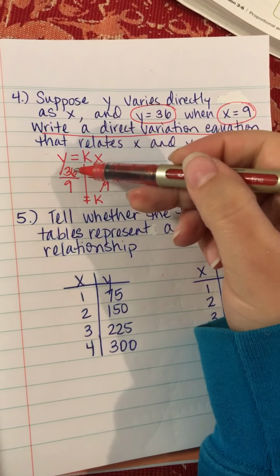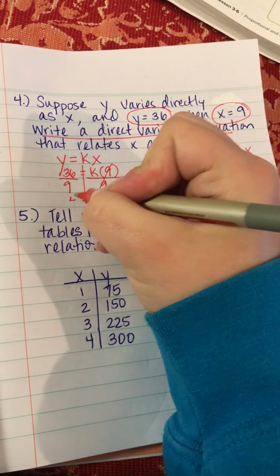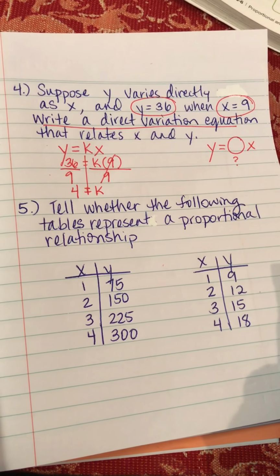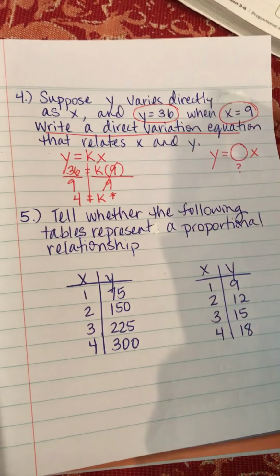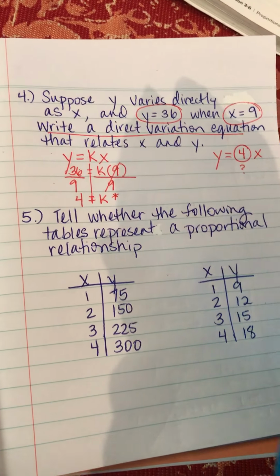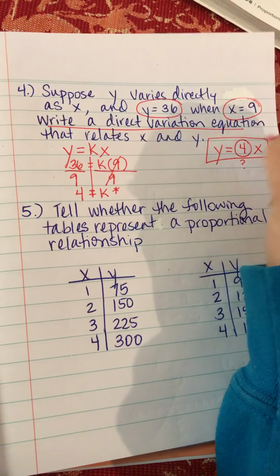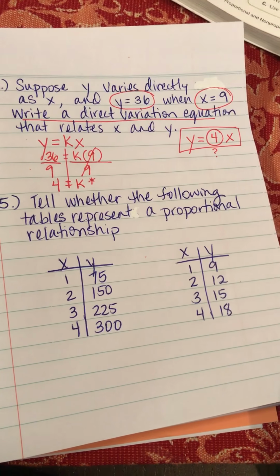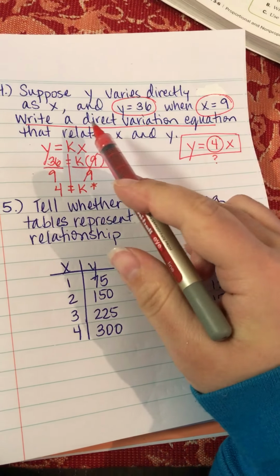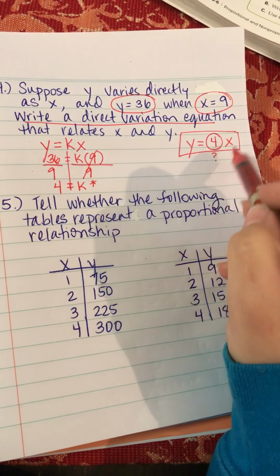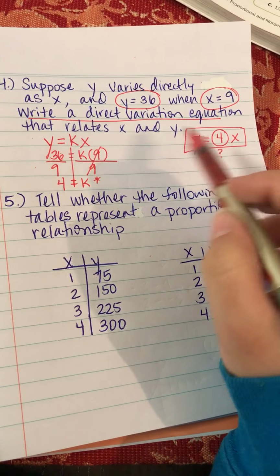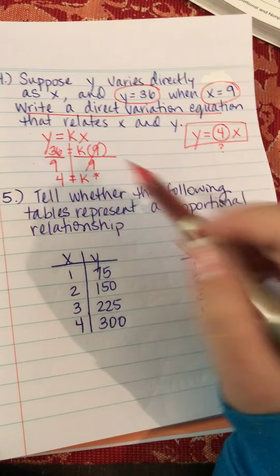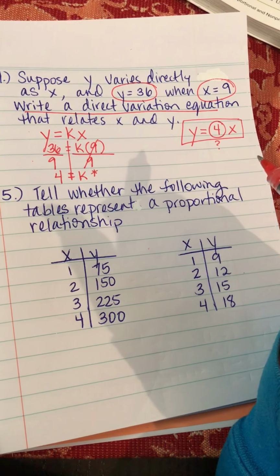Okay, so I have 36 divided by 9, which equals 4. So my constant of variation, or k value, is 4. So my answer would be y equals 4x. This would be my answer because I want a direct variation equation. So it needs to look like this. The slope would be 4, or the constant of variation would be 4, and I found that from this part. Okay, so this would be my answer.